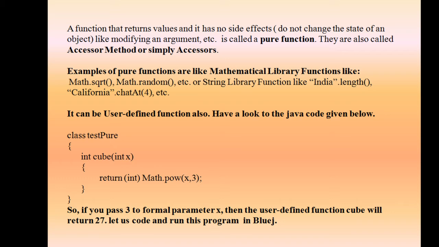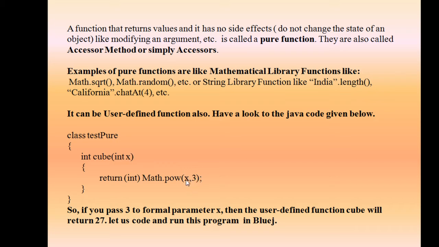Now today we will learn how to create a user defined function. So here we have a code. This is the class called testPure. Here you have a method called q. You are passing a value and then there is a return statement, Math.pow(x, 3).